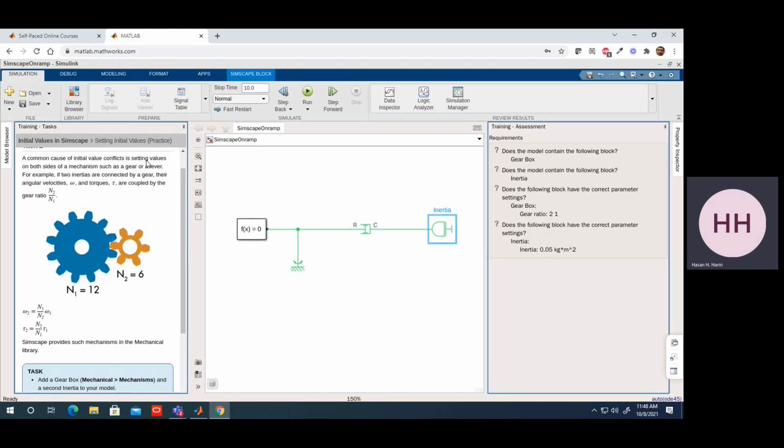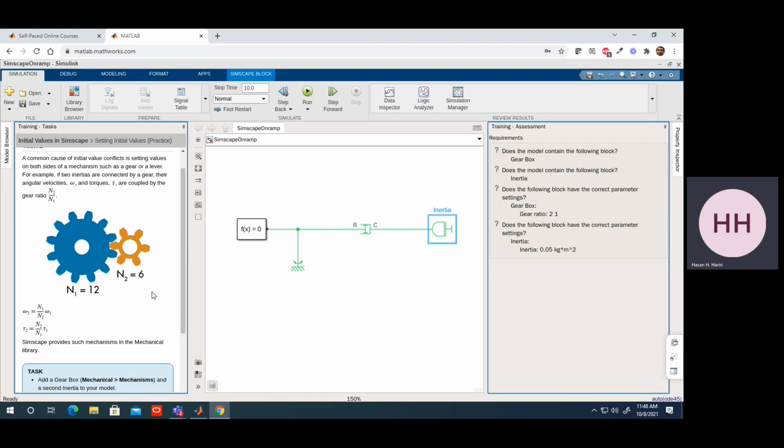A common cause of initial value conflicts is setting values on both sides of a mechanism such as a gear or a lever. You know that here and here of a gear, you could not have the same initial value.